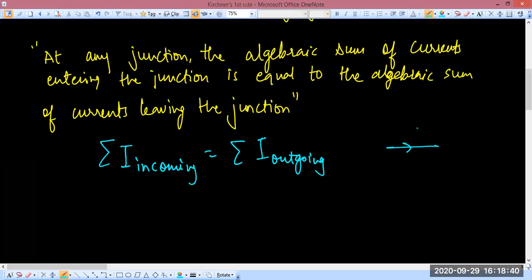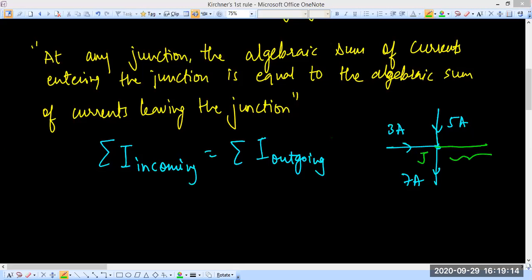Let's have a test. Suppose 3 ampere comes here, okay, here 5 ampere, and if this is 7 ampere, then you have to find what's the current here. Come on, quickly. You have to find what's the current here. Okay, many of you are giving the right answer.